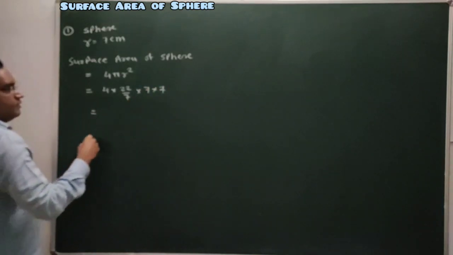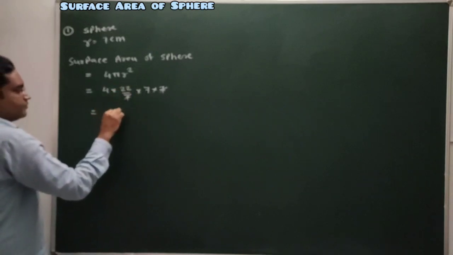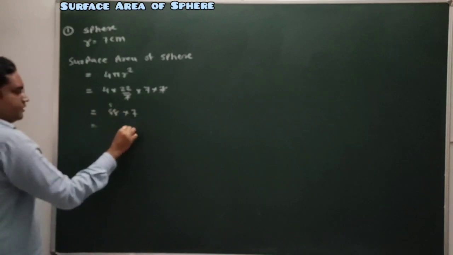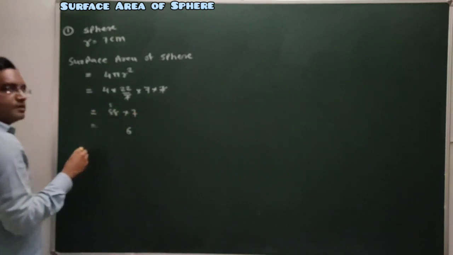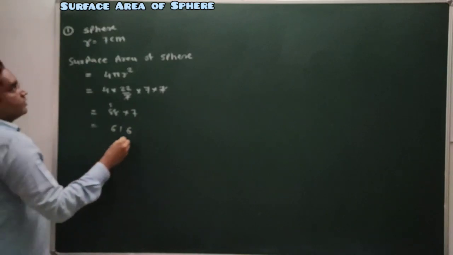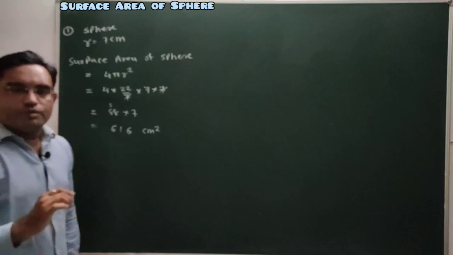Now simplification. Here 7 can be cut. 22 4s are 88 into 7. 7 8s are 56, 7 8s are 56 plus 5 it's 61. 616 centimeter square is the surface area of sphere.